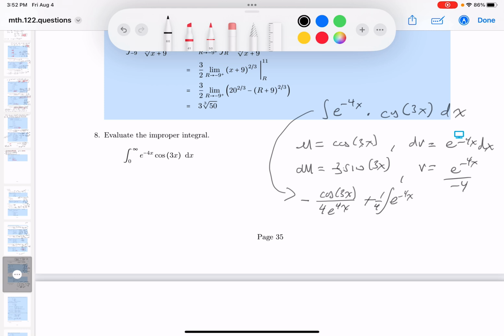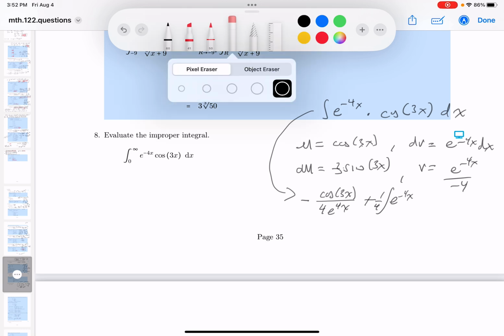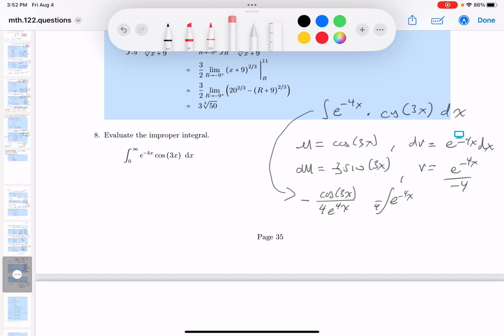And then the du is going to be minus 3, and it's going to be sine. Forgot to put dx there, sorry.